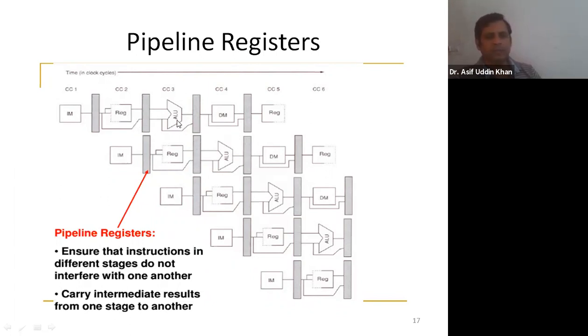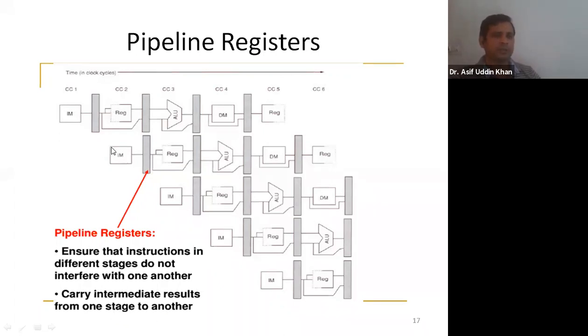In between any two stages of any instruction, a register is inserted, so that the instructions will not conflict with one another. These registers ensure that instructions in different stages do not interfere with one another, and carry intermediate results from one stage to the other stage.